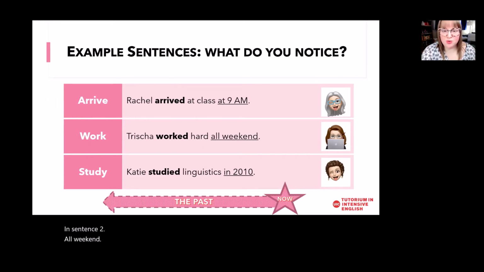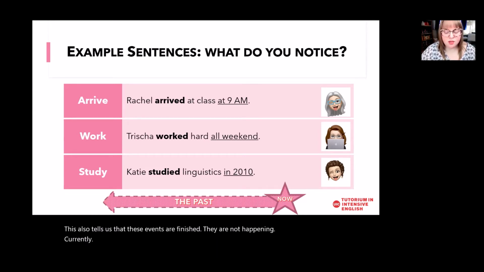And in sentence 3, in 2010. This tells us that all of these events happened in the past, before now. This also tells us that these events are finished. They are not happening currently.